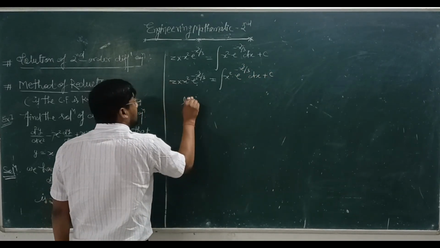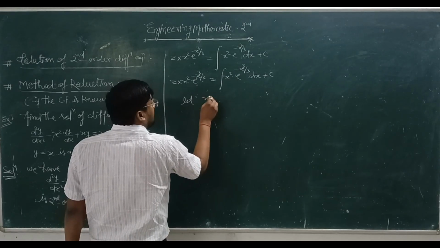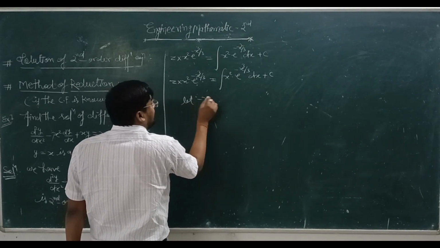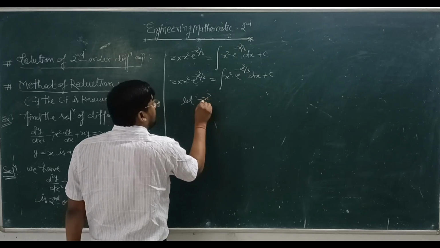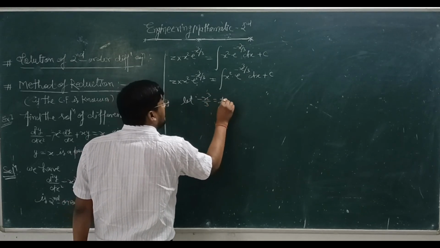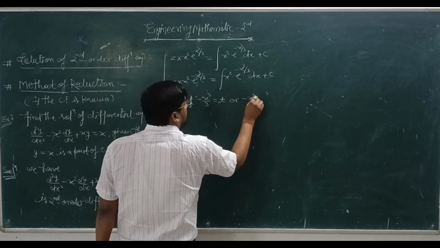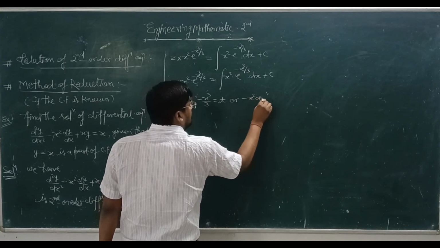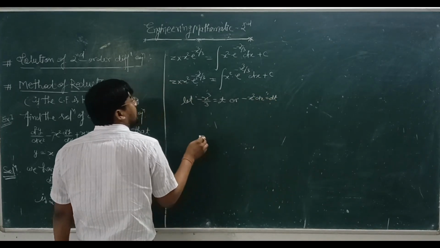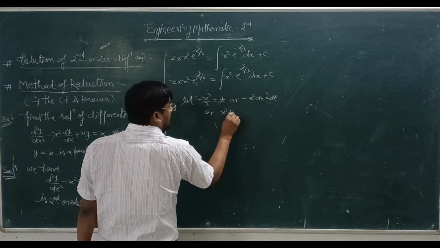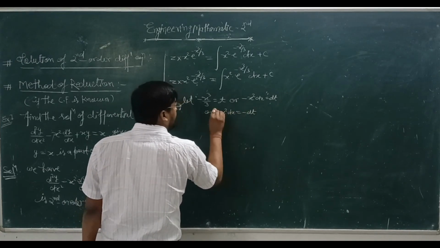Let minus x cubed upon 3 is equal to t, or you can write minus x square dx is equal to dt, or simply x square dx is equal to minus dt.